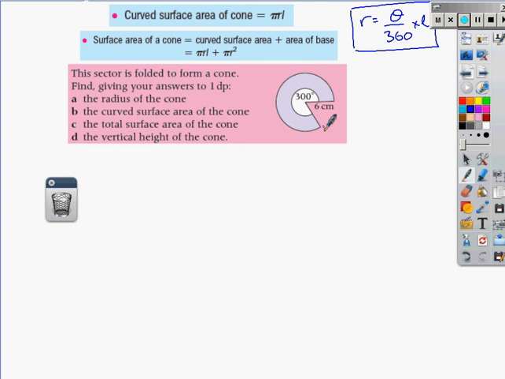Okay, so when we work that one out, we get 300 divided by 360 times L, which is 6. Put all that into your calculator and you should get 5. So when we draw our cone, we don't know what L is yet, but we know that this distance here is now 5.